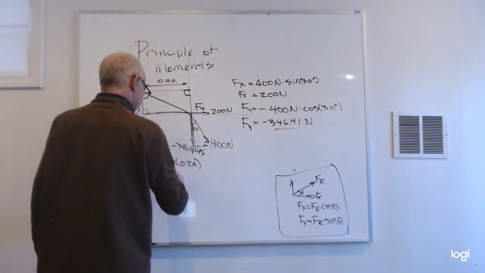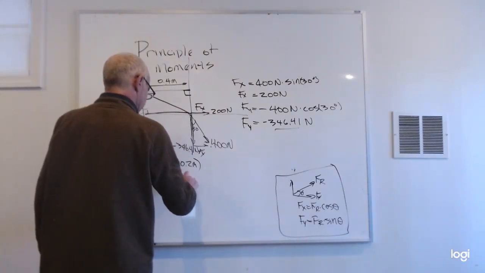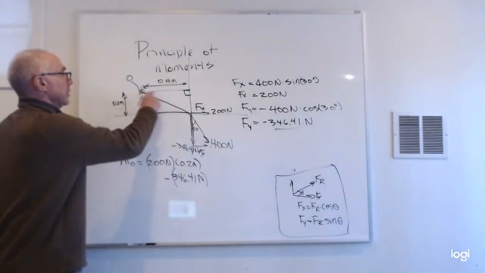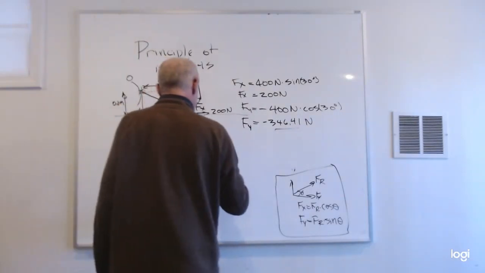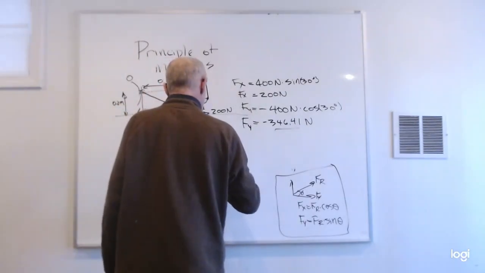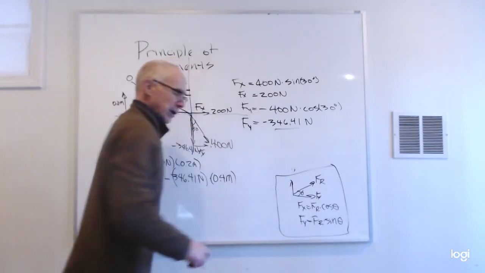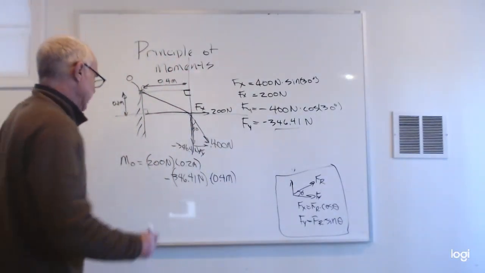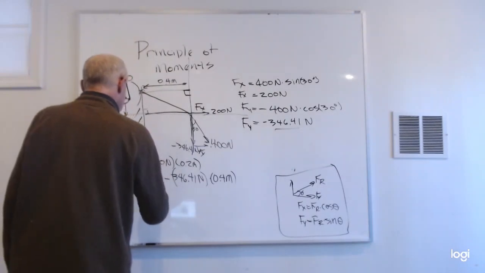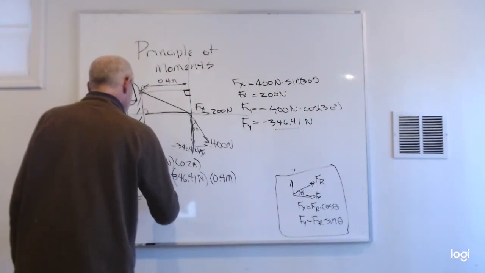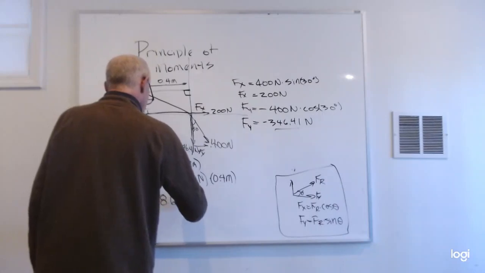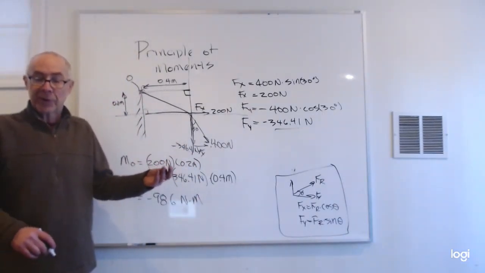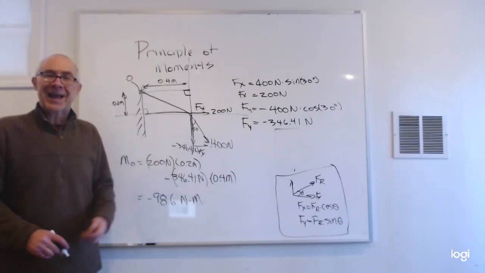So it's going to be minus 346.41 newtons times 0.4 meters, and the result is negative 98.6 newton meters.